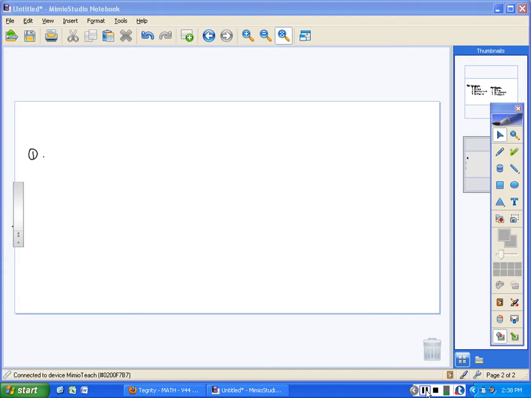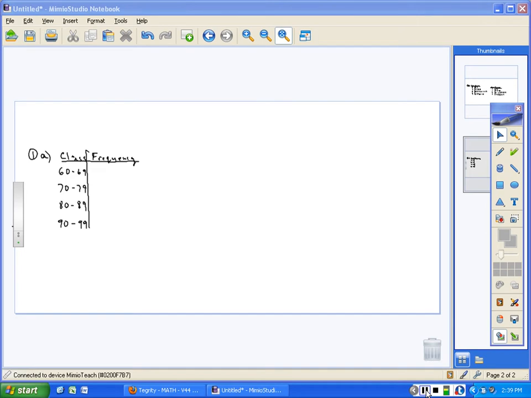Number 1 still, but this is part A. Again, we start with what I call a T-table. The left side is the class, and the right side will be the frequency. We're going to have 4 classes: 60 to 69, 70 to 79, 80 to 89, and 90 to 99.